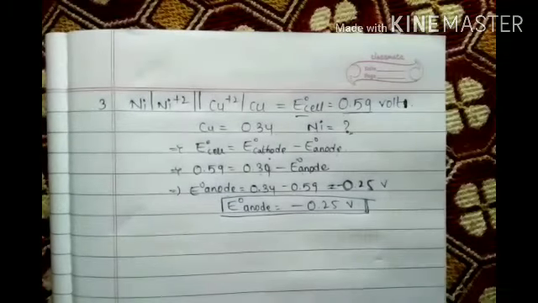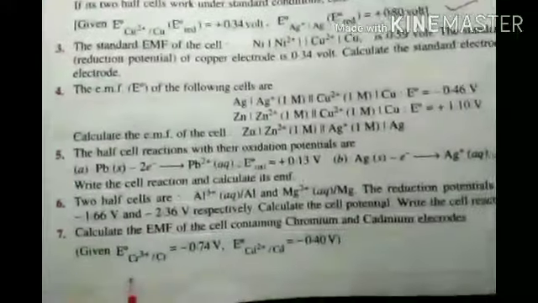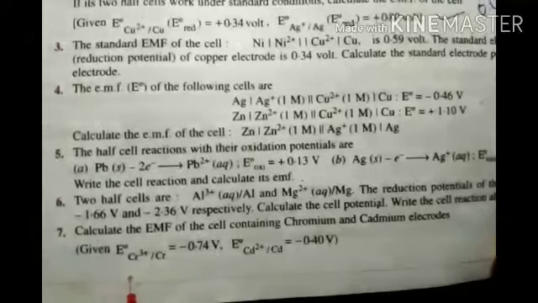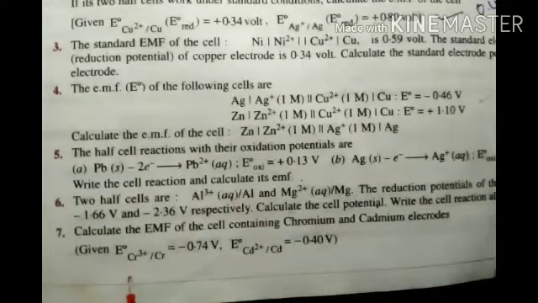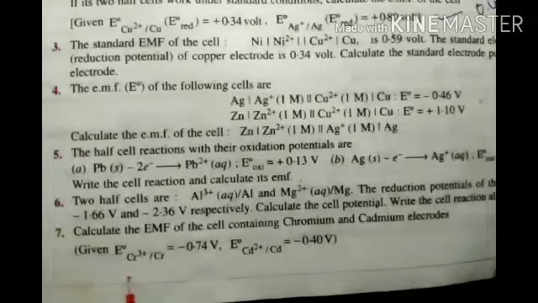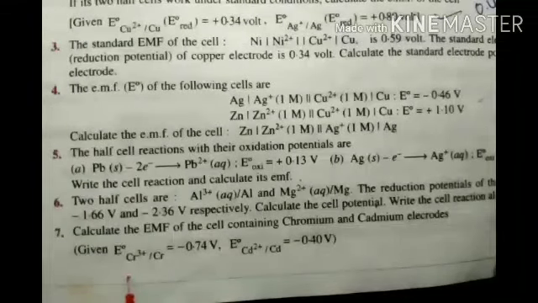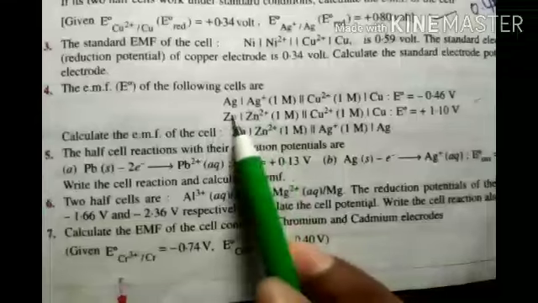This is the way we have to do the problems. Now some more problems are there, I will give them as homework. Take screenshots. Fourth problem: the EMF of silver, copper, and zinc, copper, given values. Now calculate for zinc and silver. Interesting question.